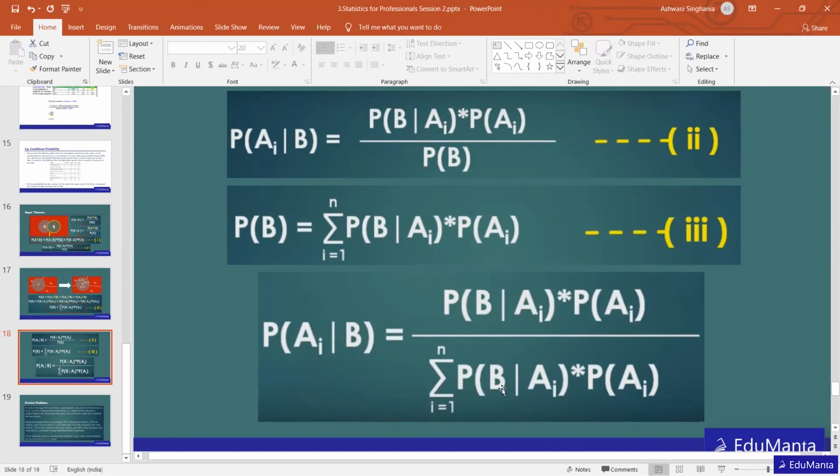So the probability of defaulters given A1 multiplied by the probability of A1, plus the probability of defaulters given A2 multiplied by the probability of A2, plus the probability of defaulters given A3 multiplied by the probability of A3. I hope I have made it clear that all this data we already have. We just need to put this data in this formula and we will get the answer.